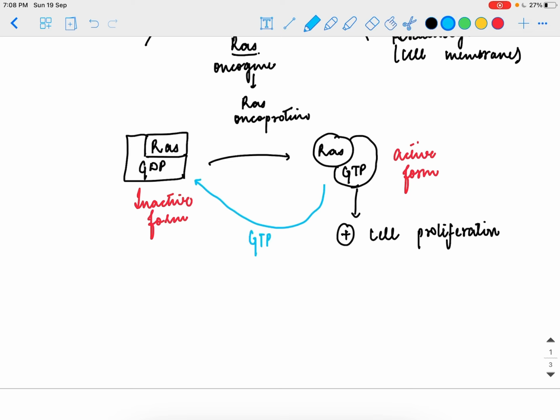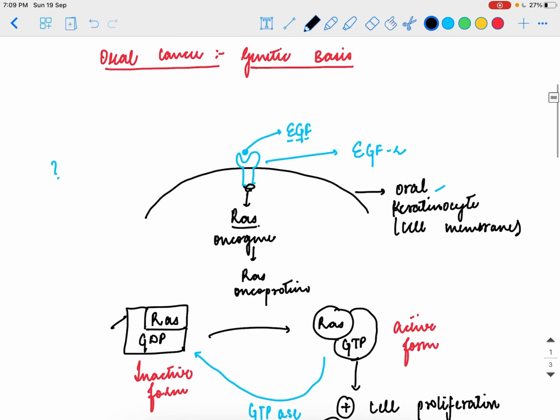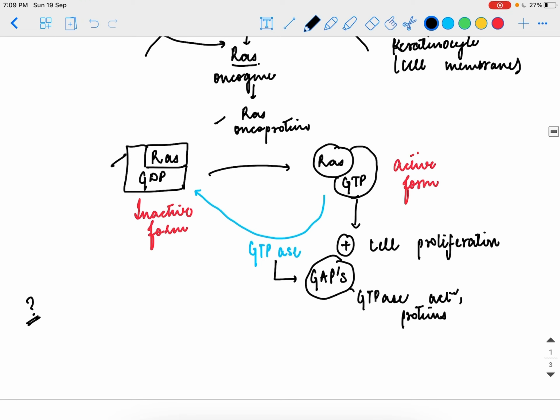After the cell proliferation is over, the GTPase comes and converts it again into the inactive form. The function of GTPase is controlled by the GTPase activating proteins. So how does excessive cell proliferation lead to oral cancer? There occurs a mutation in the RAS oncogene, and the mutated gene will form the mutated RAS oncoprotein.